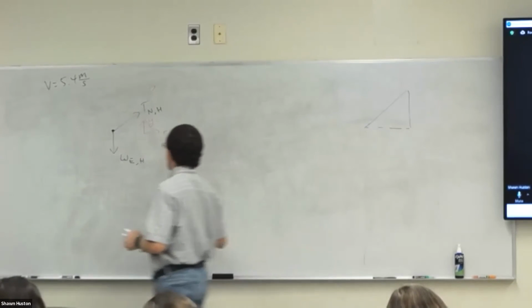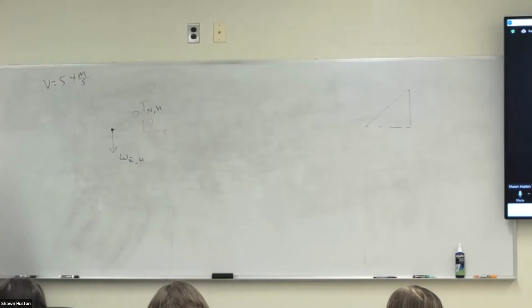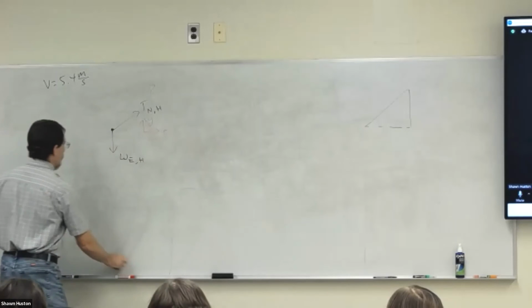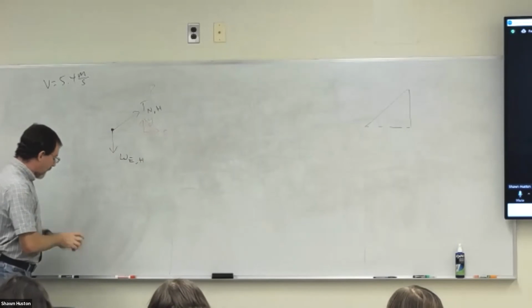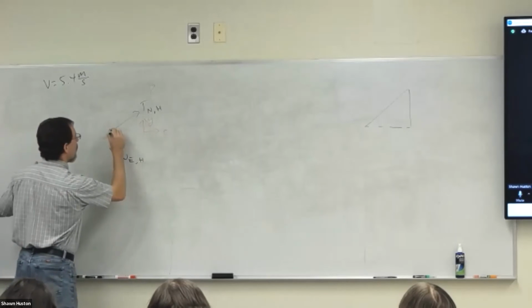Step 3, any forces that don't act in the X and Y direction, we have to break up into components. The weight force, awesome. It acts in the Y direction. The tension force there is an oddball.